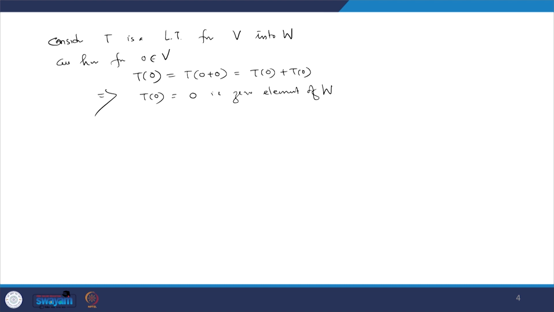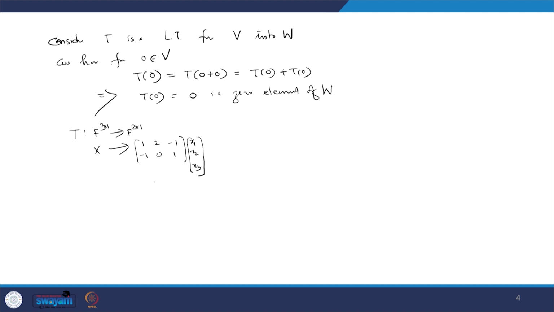For example, say T is a map from F3 cross 1 to F2 cross 1 defined by x goes to the matrix 1 2 minus 1, minus 1 0 1 times x1 x2 x3.